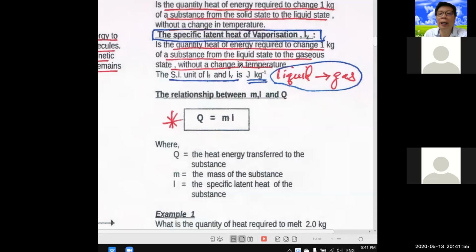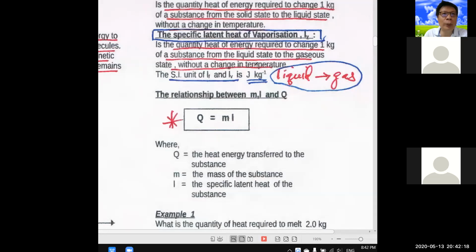At the end of the statement, you must add: without a change in temperature.